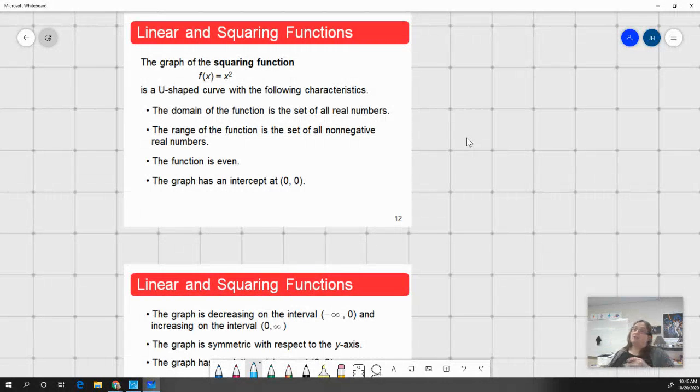But the range, when you think about it, if you have a positive x, it's going to be all non-negative real numbers, right? The function's even. This x is positive, which means that when we square it, it's going to be positive. And so it's never going to get below 0.